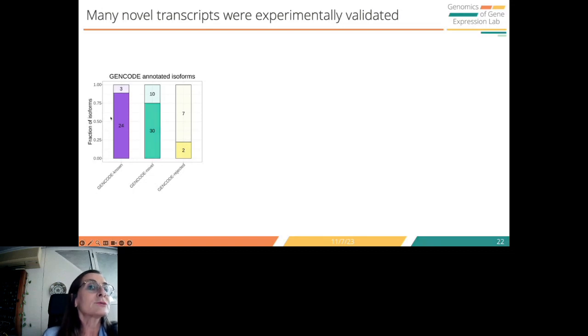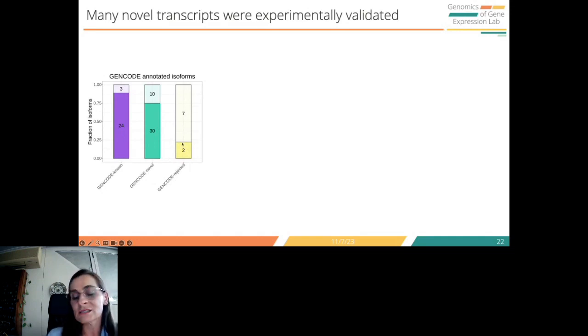So this was our control just on the GENCODE curated data. We were able to validate most of the GENCODE annotations that were known, also most of those novel, and those that were rejected by GENCODE in general we did not amplify.